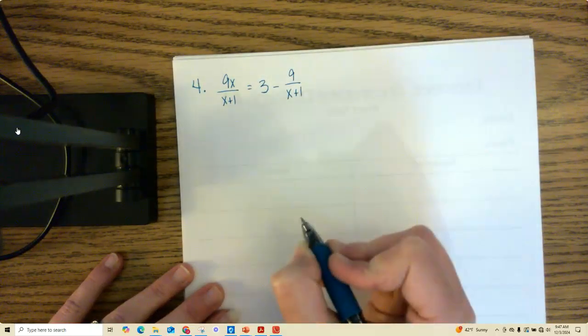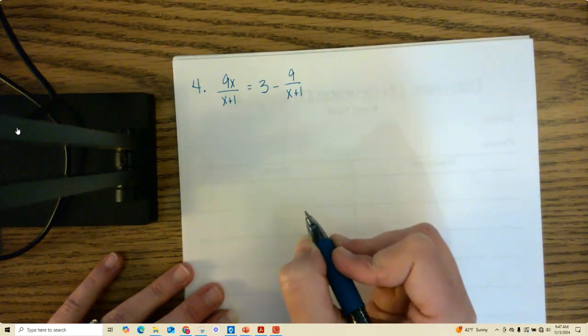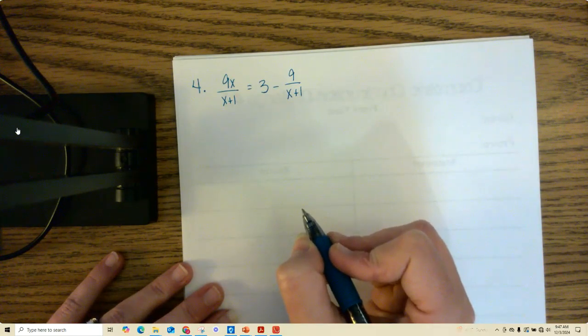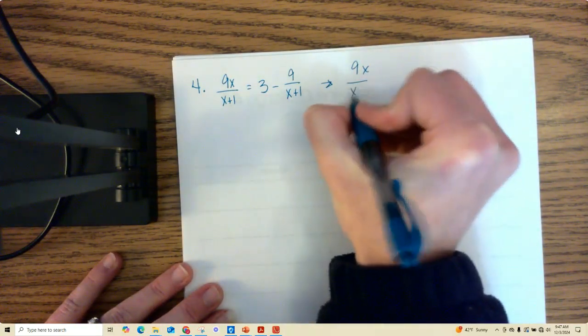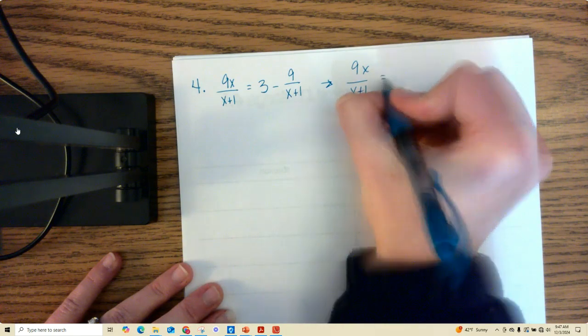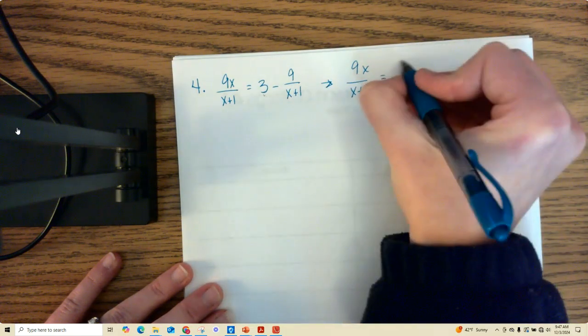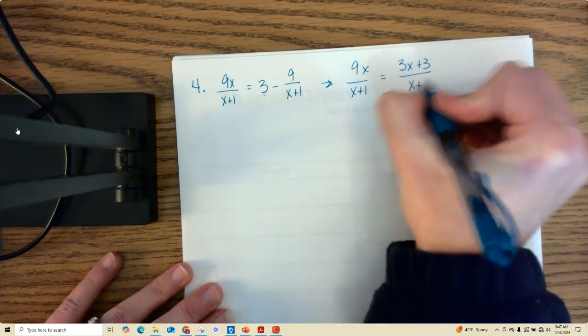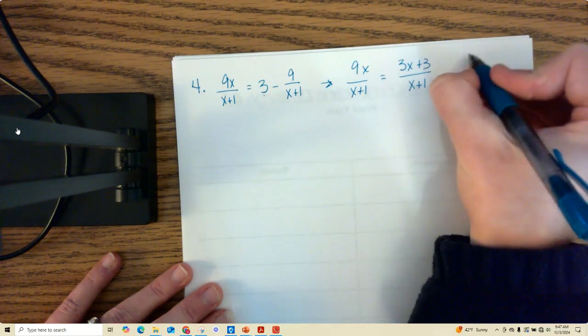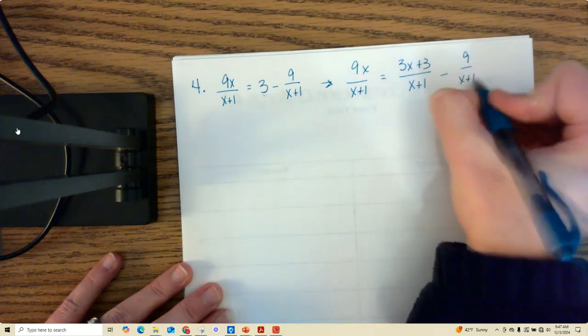So the common denominator here is x plus 1. If I multiply this, I would get 3x plus 3 over x plus 1 minus 9 over x plus 1.